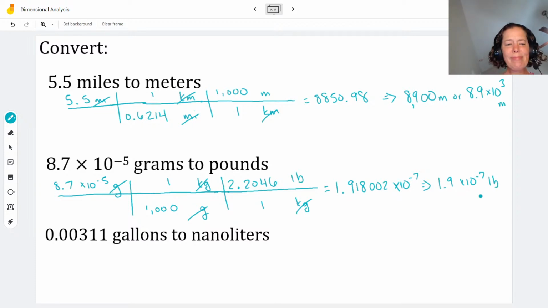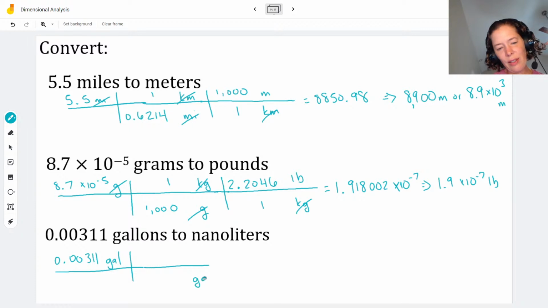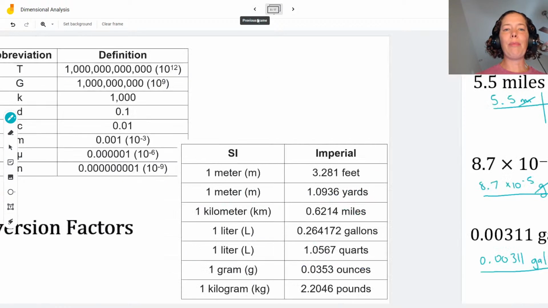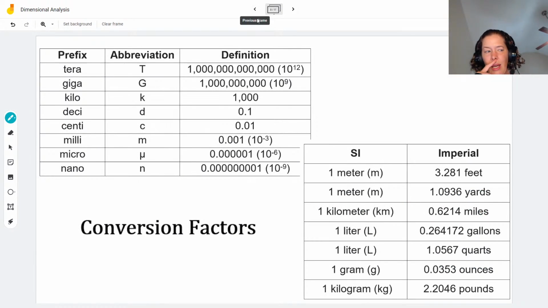Okay, let's keep going. So now we've got gallons to nanoliters. So let me just write down my number of gallons. And I know I want to convert out of gallons first, but let's get a game plan on. Okay.